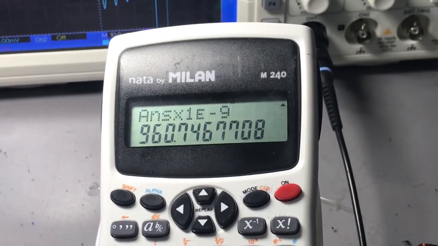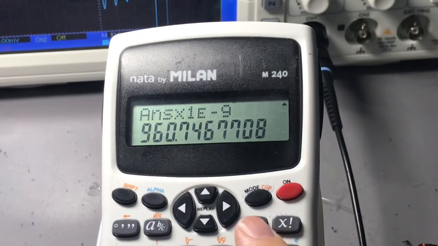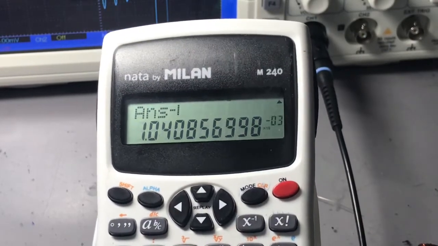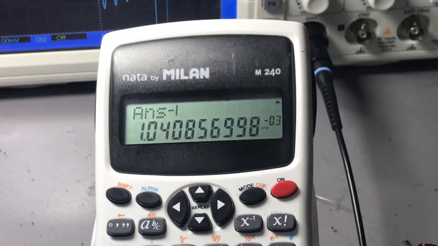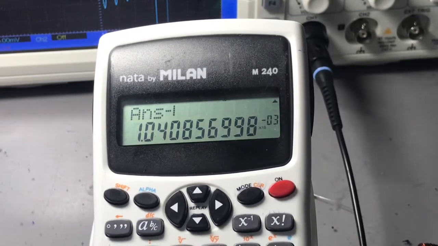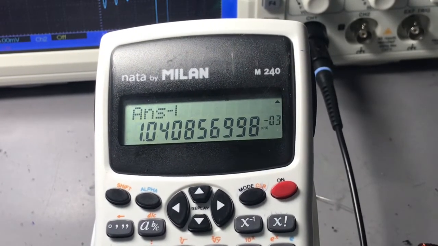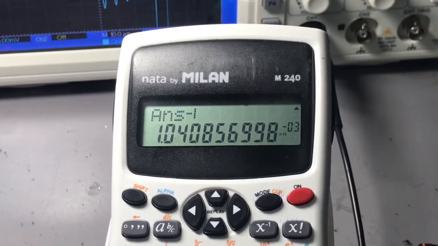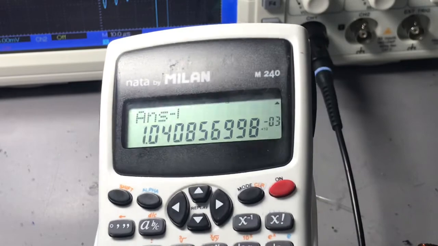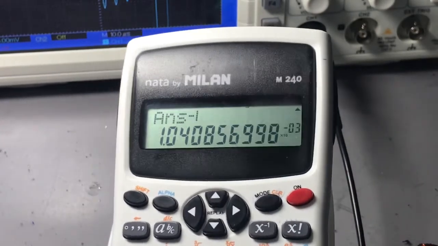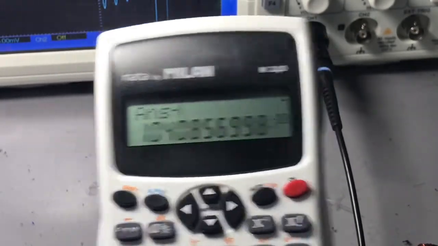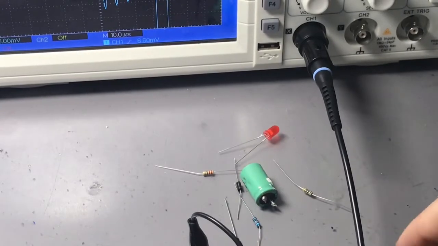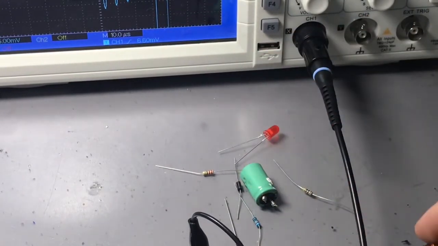Right now invert it, and boom, that's what we got. This is a pretty big inductance. It will be in millihenry, and it's like 1 millihenry. So we have somewhere around 1 millihenry in this inductor.